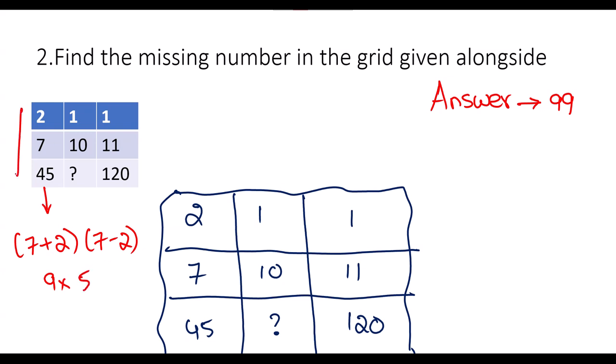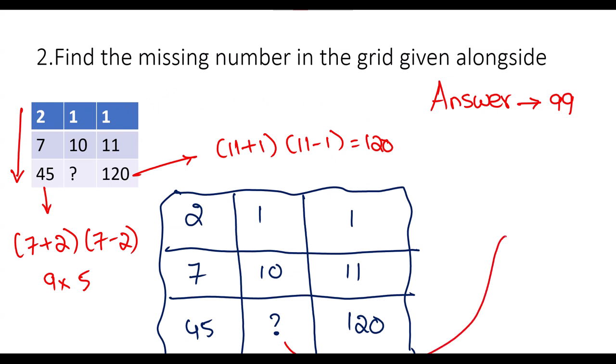That column you observe entirely. Now the last column 120 is 11 plus 1 into 11 minus 1. And now the answer is nothing but 10 plus 1 into 10 minus 1, which is 99.